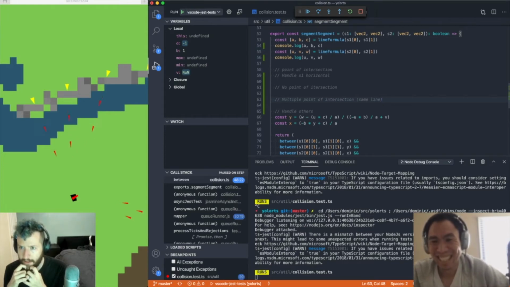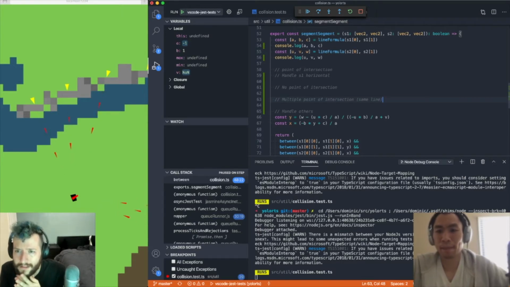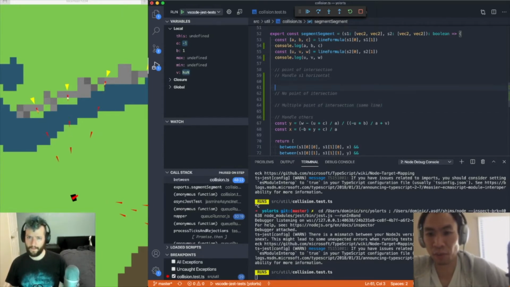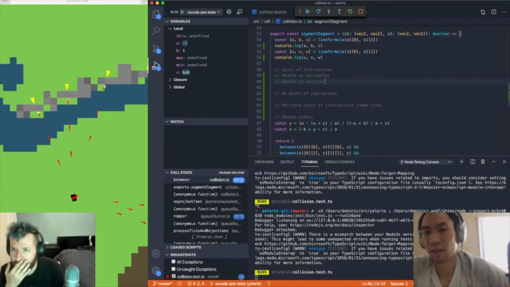Right, and I think u or v, that could be the vertical line case where that fails. I think it is. That's S2 vertical, basically. So I think we'll never have a case where both u and v are 0 at the same time. Correct.